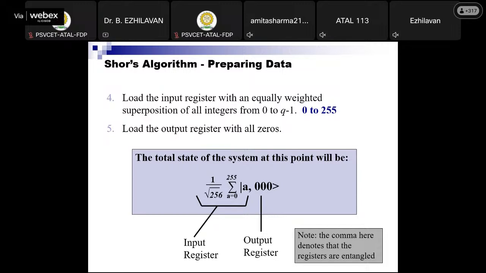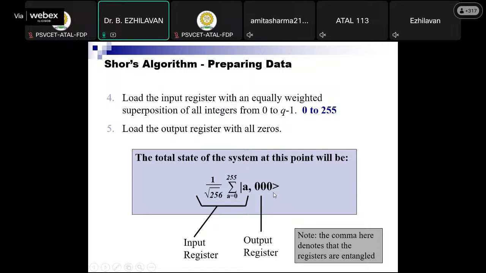Now load the input register with equally weighted states from 0 to q minus 1, that is 0 to 255. Q minus 1 is 255. Load the output register with all zeros. So the total state is this formula: input register and output register. For the output register, we have loaded 0.